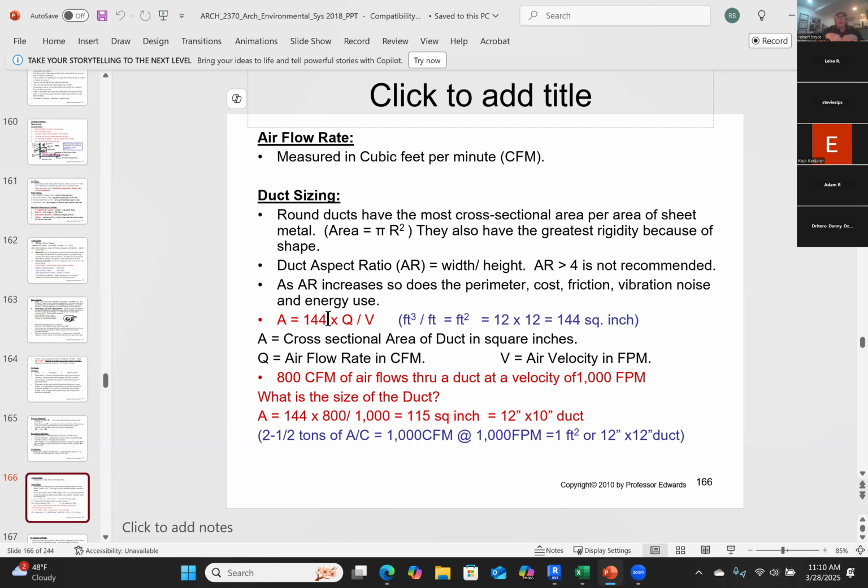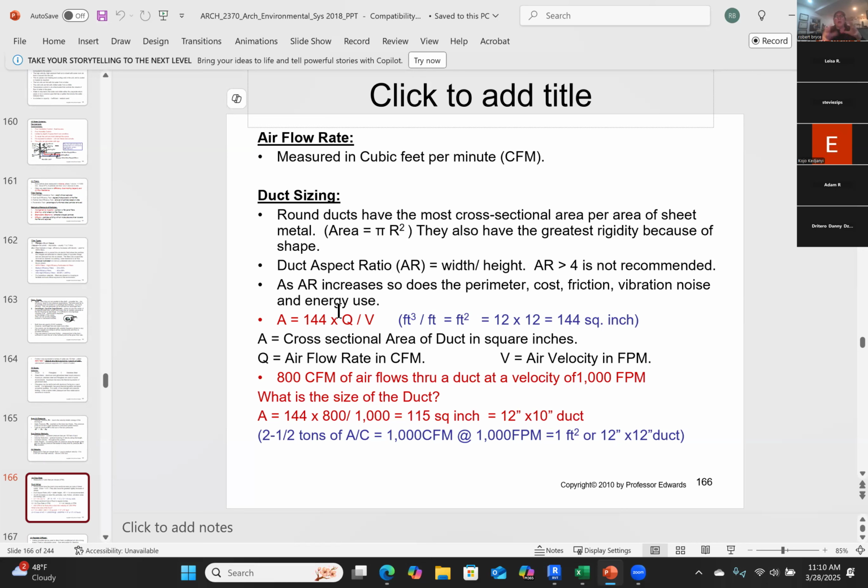One square foot equals 144 square inches. And Q is the airflow in CFM divided by the velocity, which is in feet per minute. That's going to tell us the area of the size of the ductwork that we need.